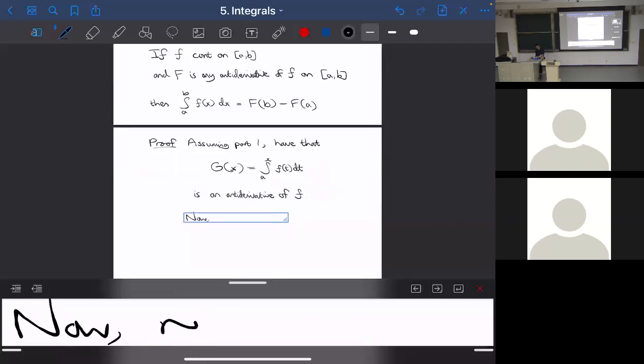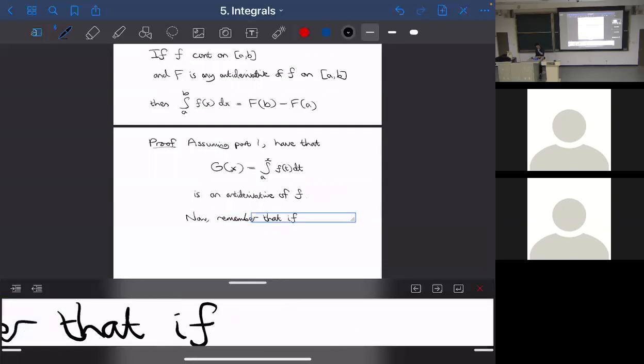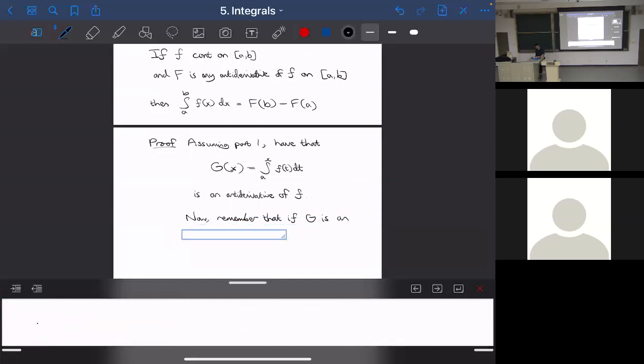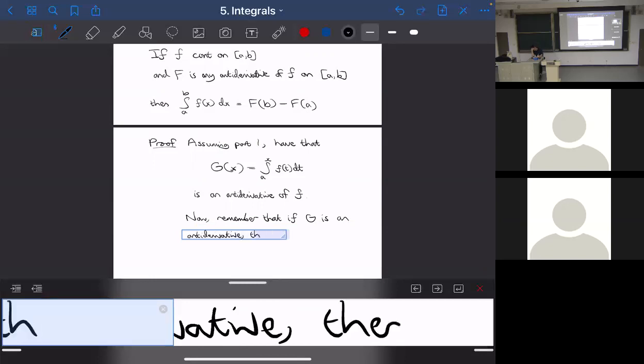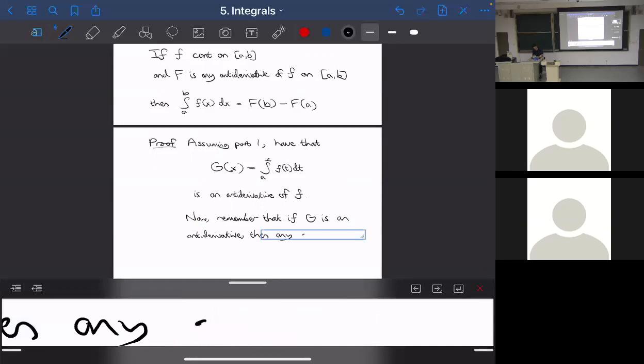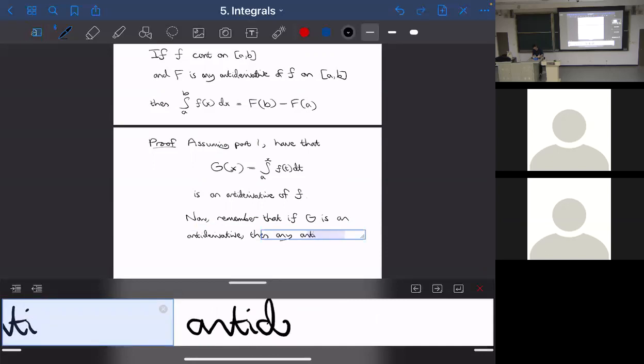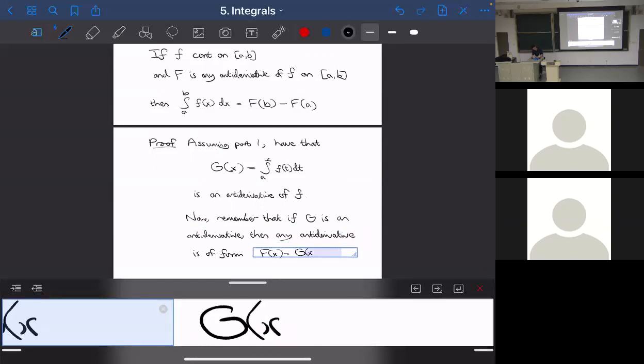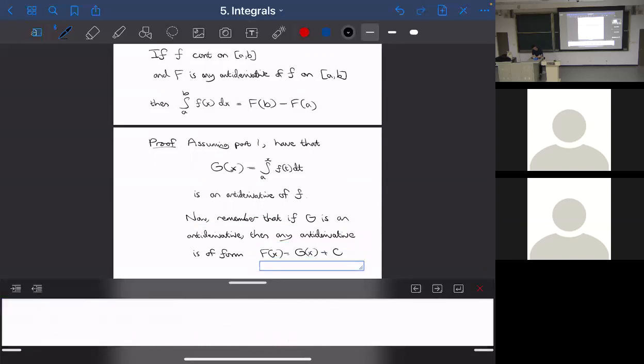Now, remember that if G is an antiderivative, then any antiderivative is of the form F(x) is G(x) plus c, where c is a constant.